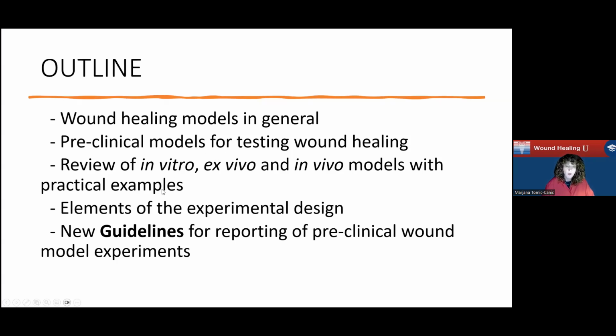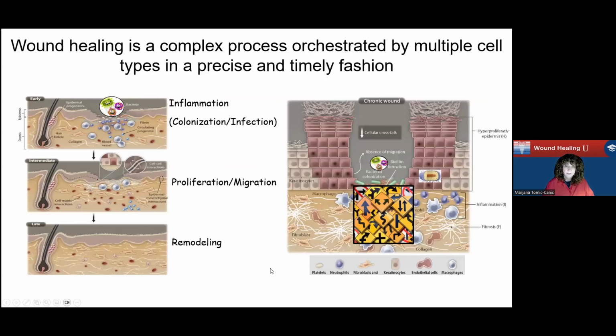We will review different kinds of models with some practical examples and relevance to actual patients, discuss elements of experimental design, and finally, at the end, I will share some new developments in guidelines for reporting of preclinical wound model experiments.